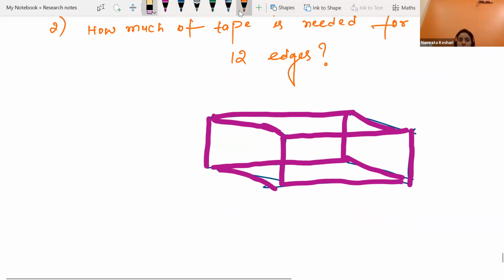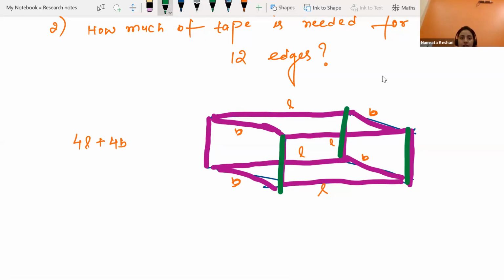Let's write it. So this is L. The back one is also L. The top one is L and the front one is also L. So four lengths are there. Similarly, can you see one breadth, then another breadth? Then here one breadth, then here one breadth. Four breadths are there. And let me highlight the heights: height, height, height, height.